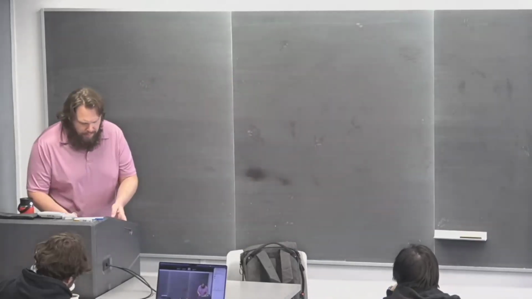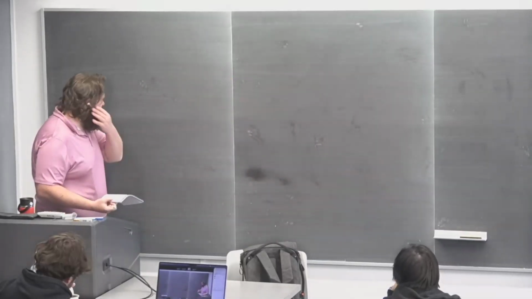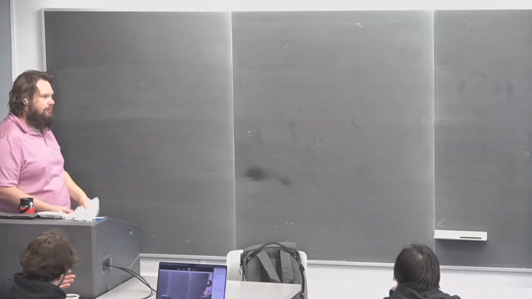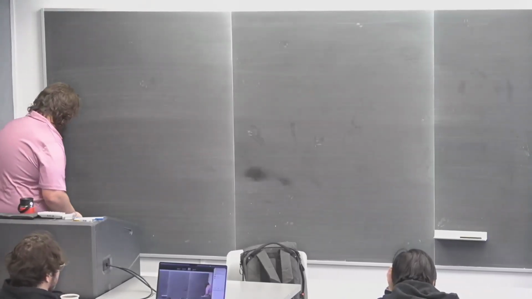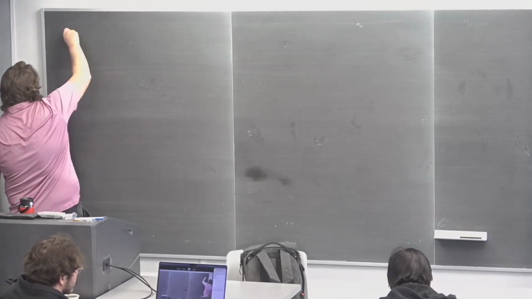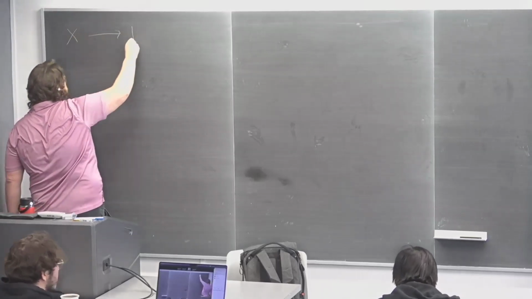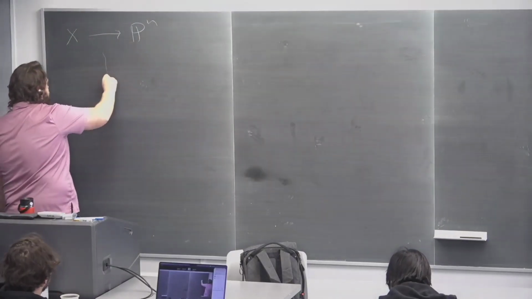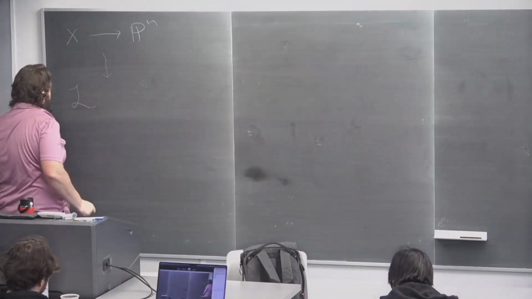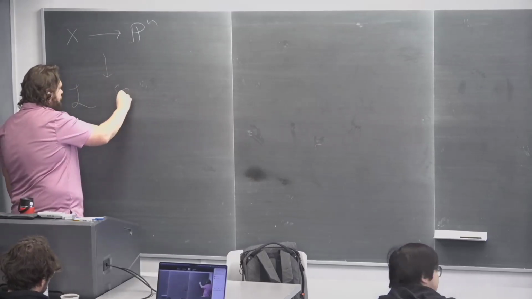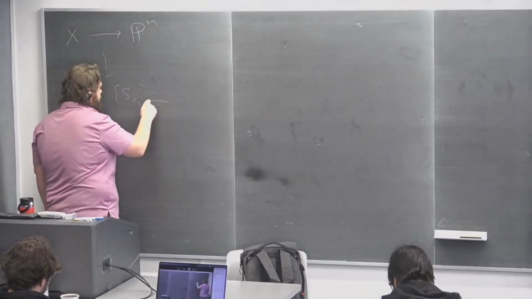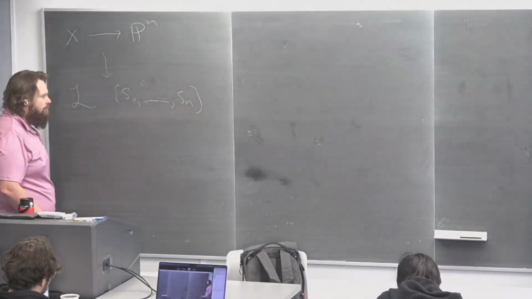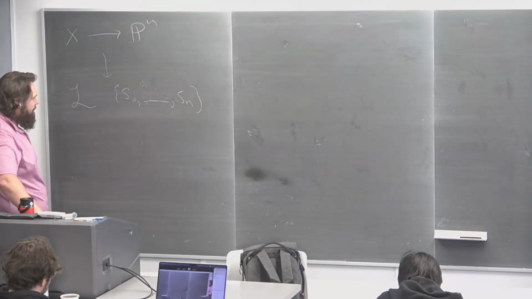Okay. So we talked last time about how line bundles are related to projective space. If I want to map from my scheme to projective space, then that's equivalent to having a line bundle and n+1 sections of that line bundle.